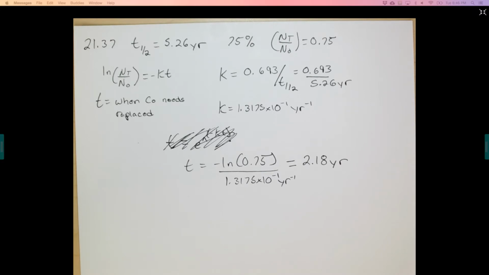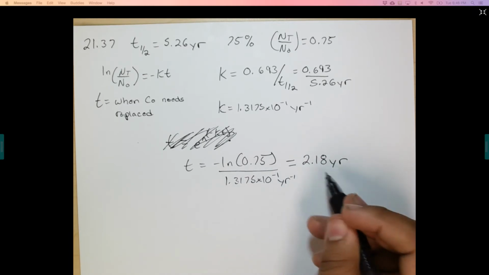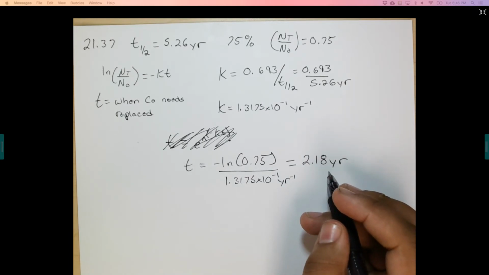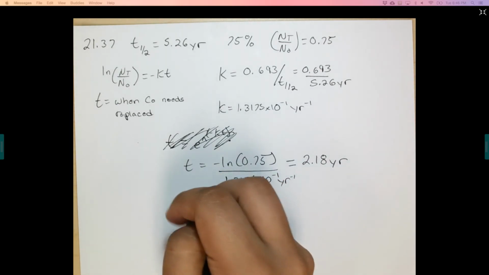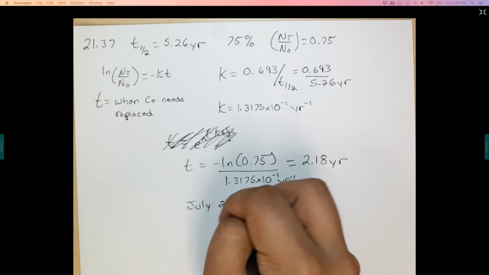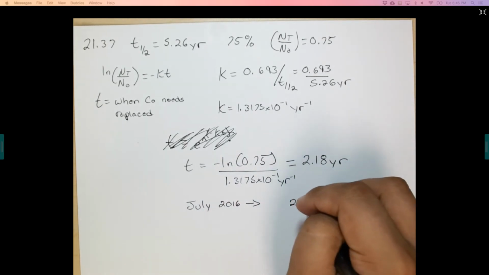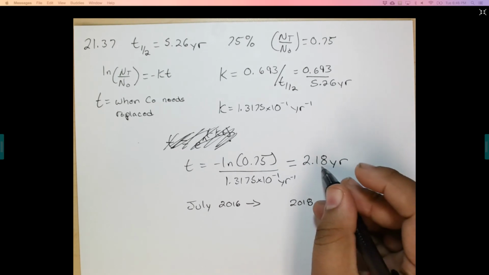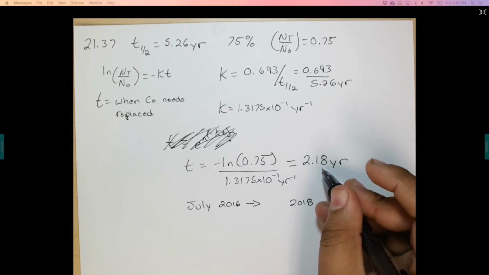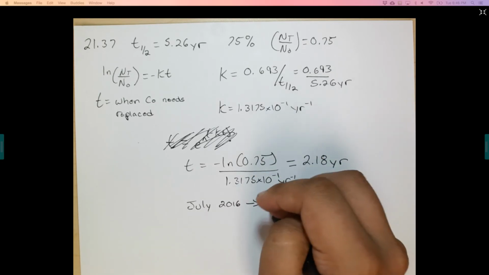And if we think about 2.2 years effectively, if they said June 2016, then after 2 years we know we're in 2018, and about 0.2 of 12 is about 2 months, or a month and some change.